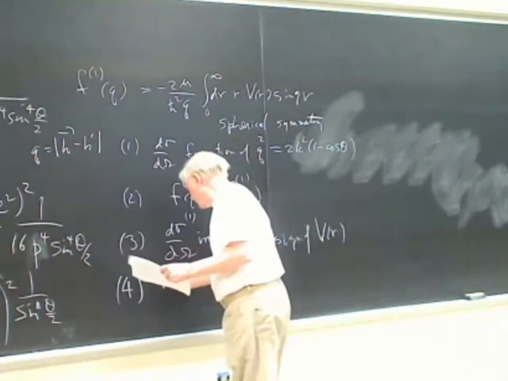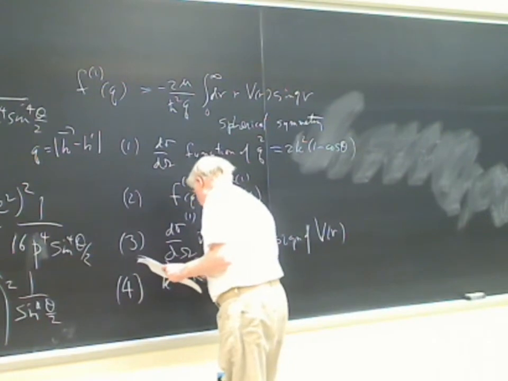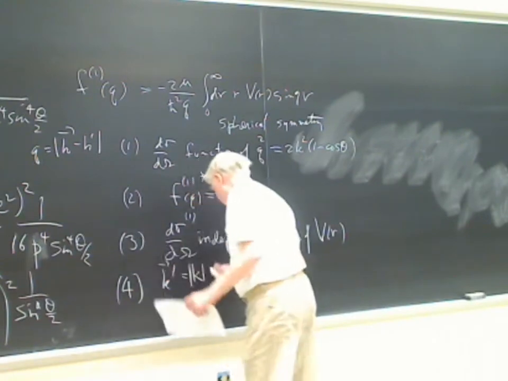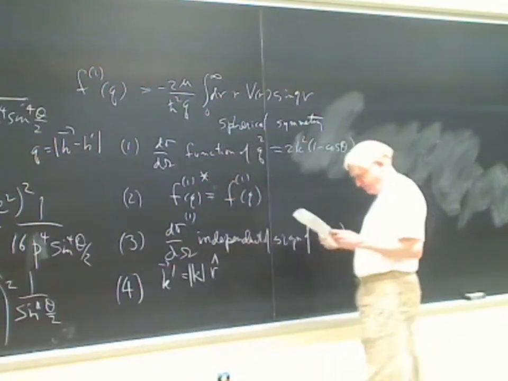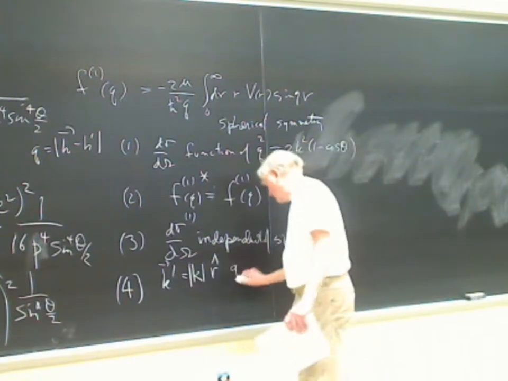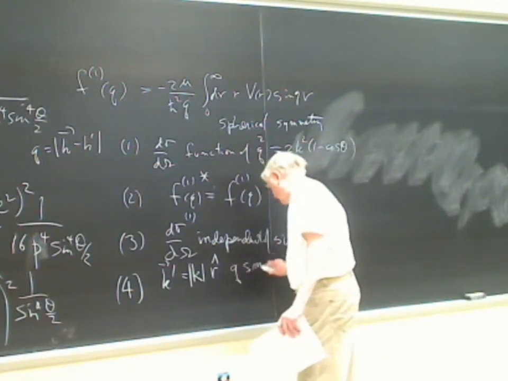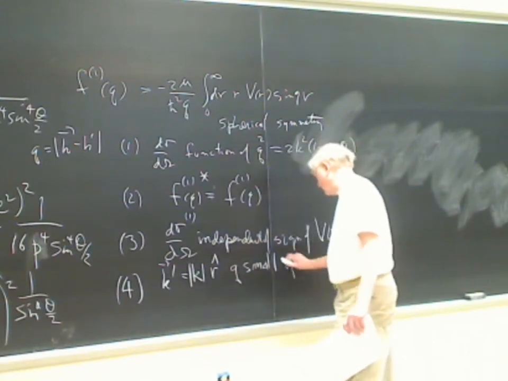K prime, of course, is the length of k times r hat, just the vector in the direction theta phi. And so q is small when k is small.